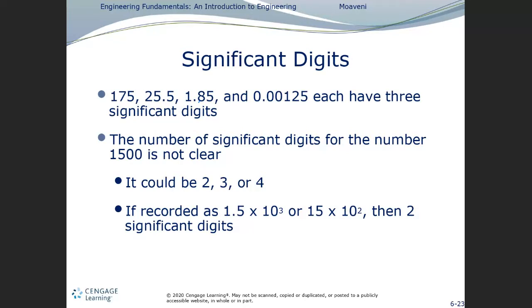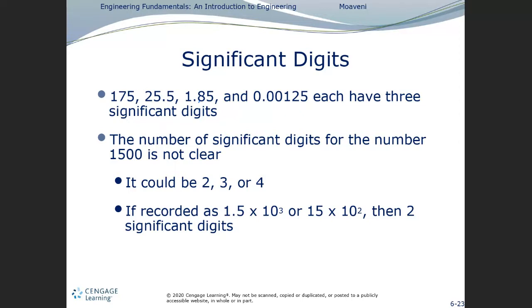Also, if we recorded 1.5 times 10 to the third, then you have 2 significant digits. This is just something to keep in mind when you're working your homework problems. All right, that was really it.